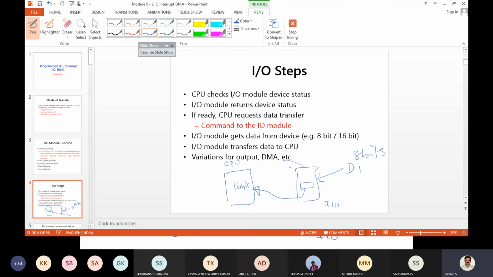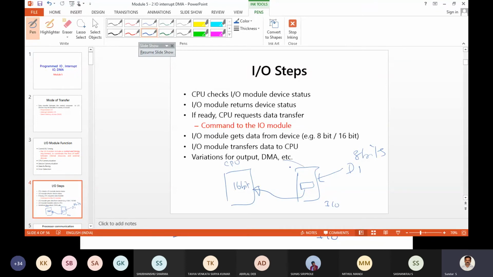Next, whenever the CPU wants to talk to devices, the first step is that the CPU will access the status register of a particular IO module. From that, it will understand whether the device is ready or not.